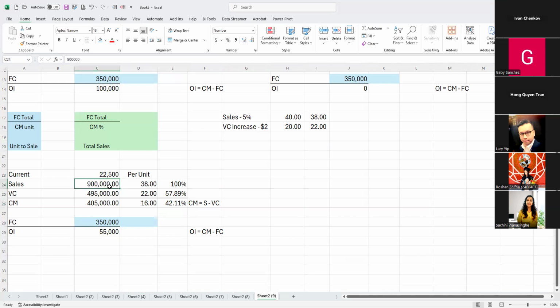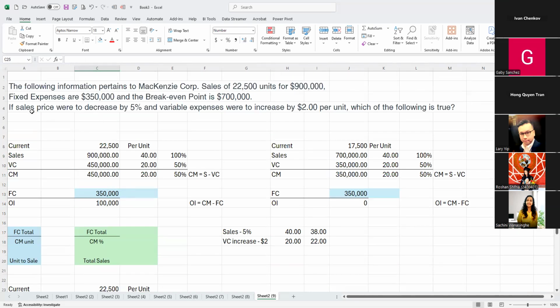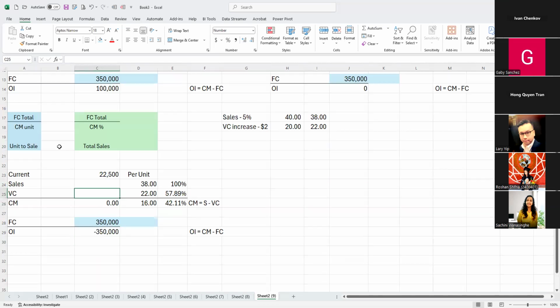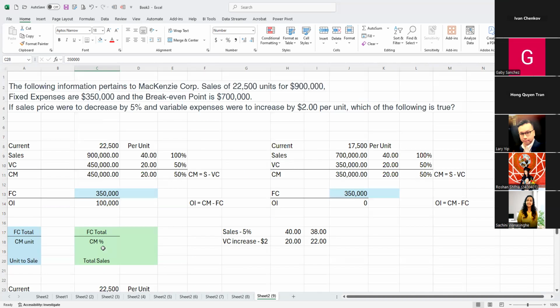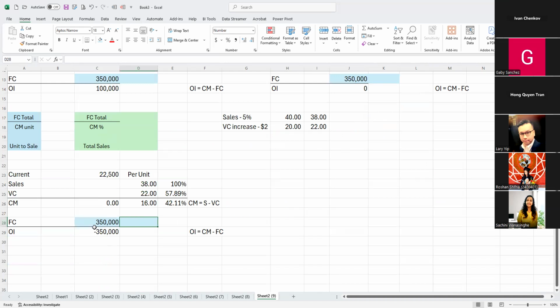But what else do we know? We know that the fixed cost stays the same. Correct? Now we don't know where the new sales will be because we don't know how many units we sell.